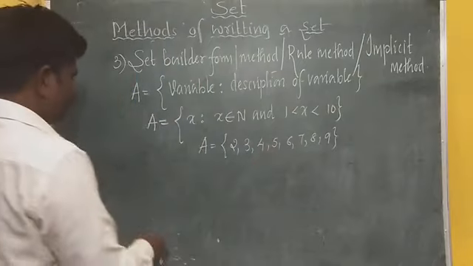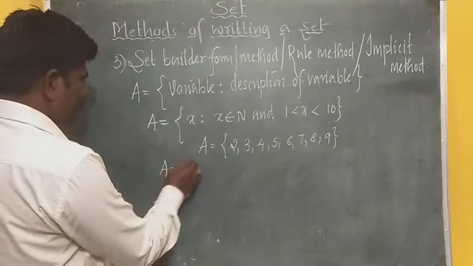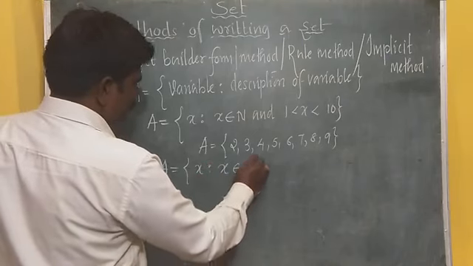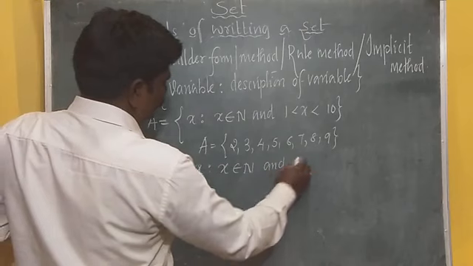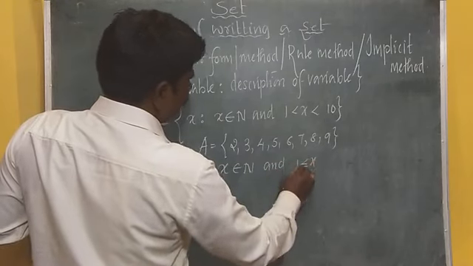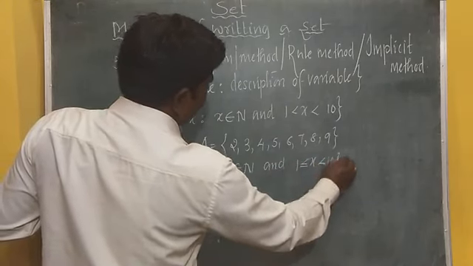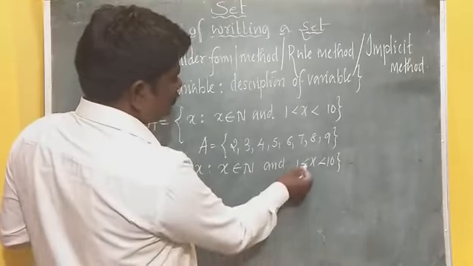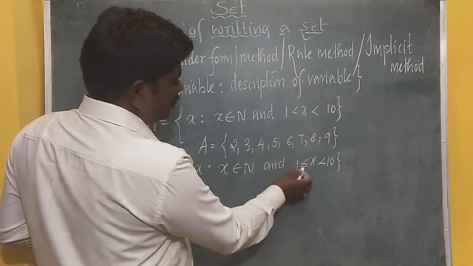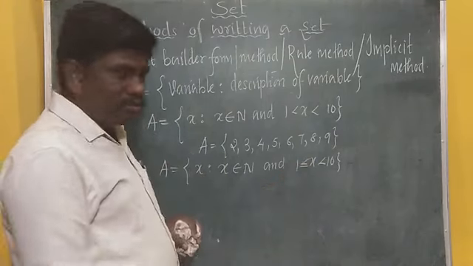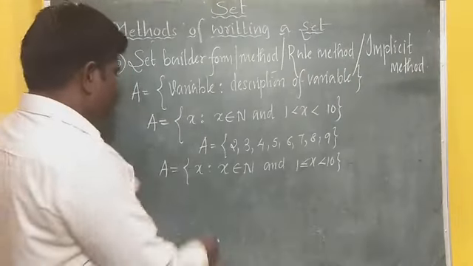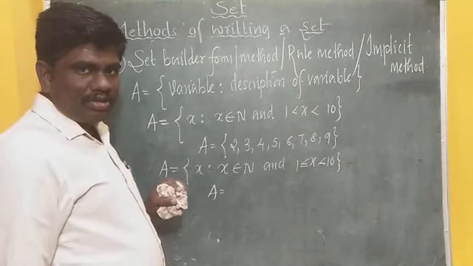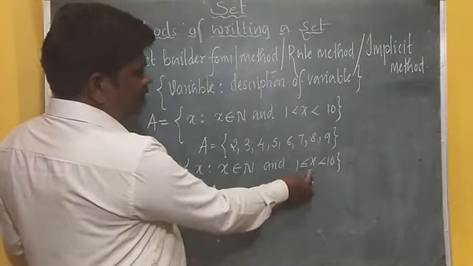I will take another example. If A = {x : x belongs to N and x greater than or equal to 1, less than 10}. Now the condition is changed. Where is the condition changed, can you see this one? I wrote even greater than and also equal to. Now the reader who is reading this statement will clearly understand x is a natural number, and the second condition says you can take even 1.